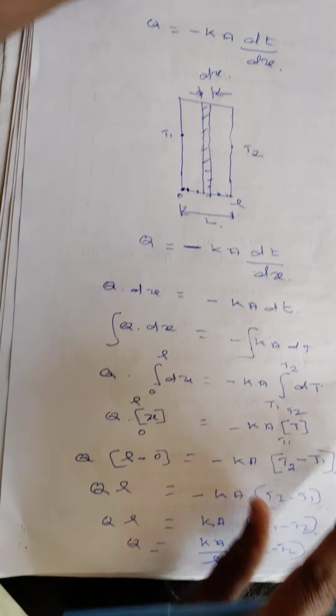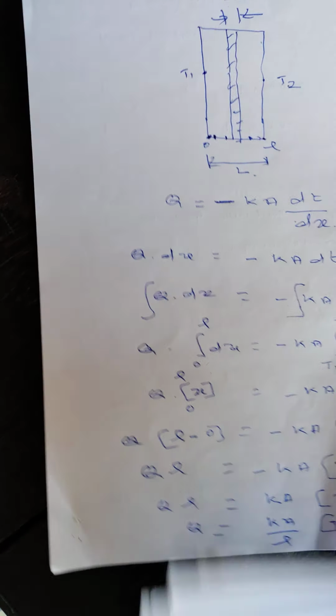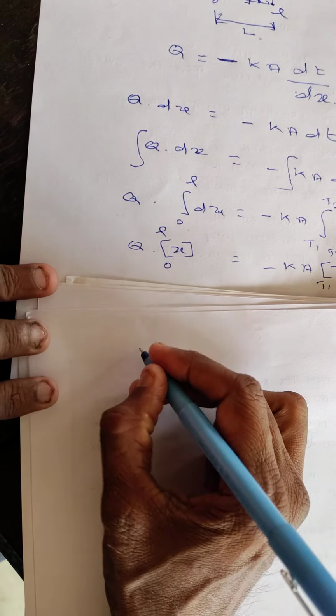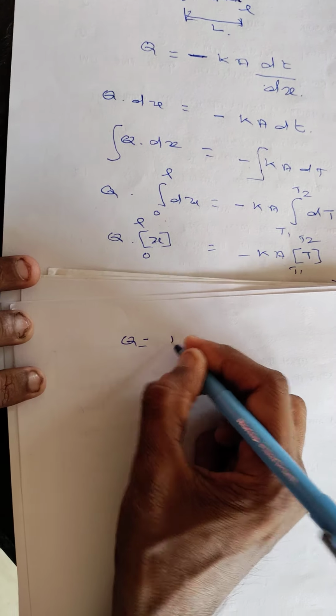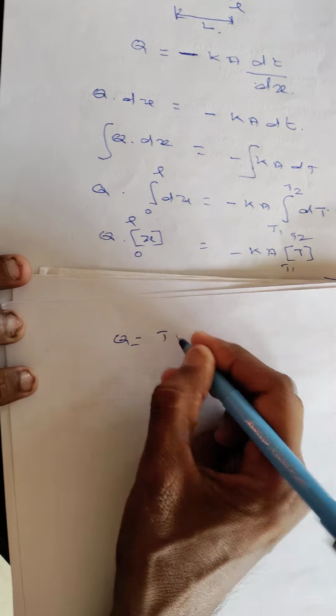That is the equation we get. I can also rearrange it: Q is equal to T1 minus T2 divided by L by Ka. That is the heat transfer equation in a slab.